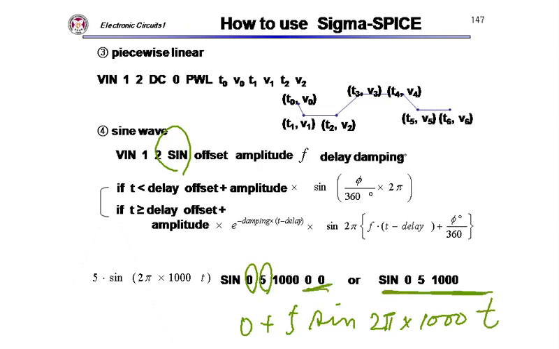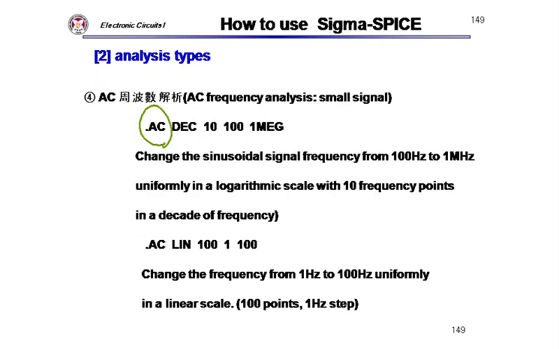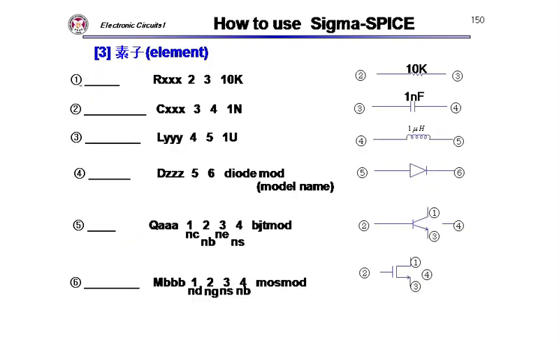This is a 1 kilohertz sine wave, amplitude 5. DC analysis, operating point DC analysis, transient analysis, AC analysis. What's this thing? Resistor, right? Inductor, diode, BJT, MOSFET.